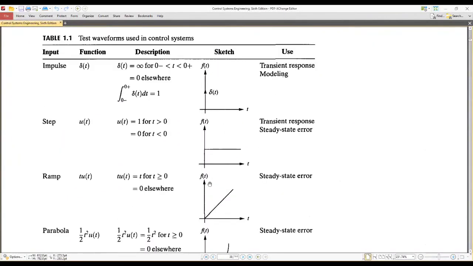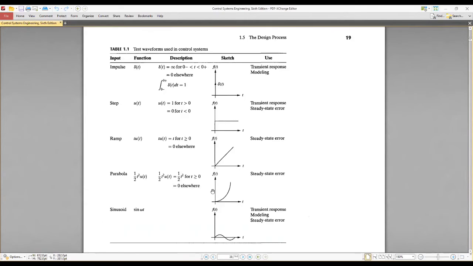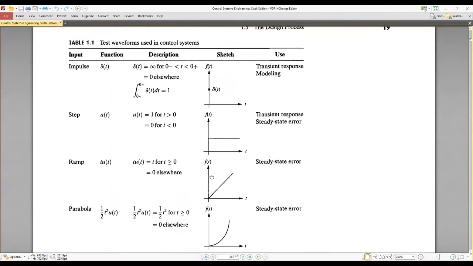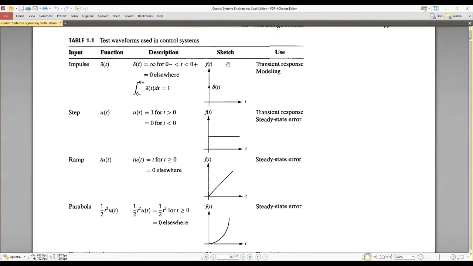Here just see a few things. This is called the impulse response. These are the waveforms. This kind of waveform is called the impulse waveform, and it is represented as delta t.